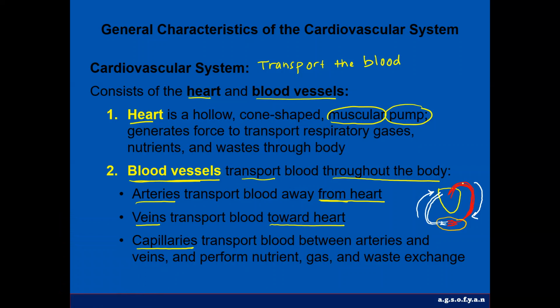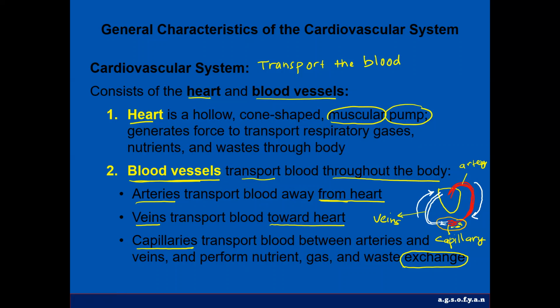So the one that carries blood from the heart is called the artery. And there will be capillaries inside the organs, and the one that carries blood from the capillary, from the body tissue, back to the heart is called the vein. So the capillary is the place for exchange. The blood carries oxygen and nutrients, which will be released into the capillary, and then go to the cell.